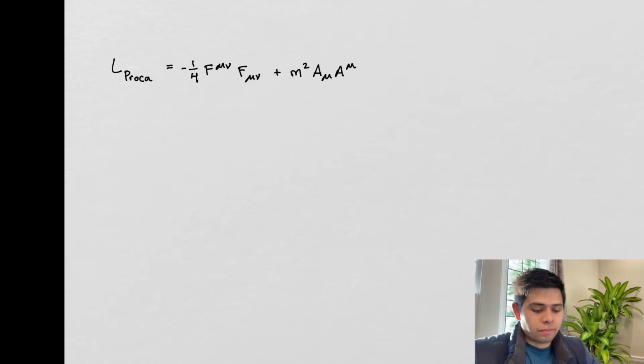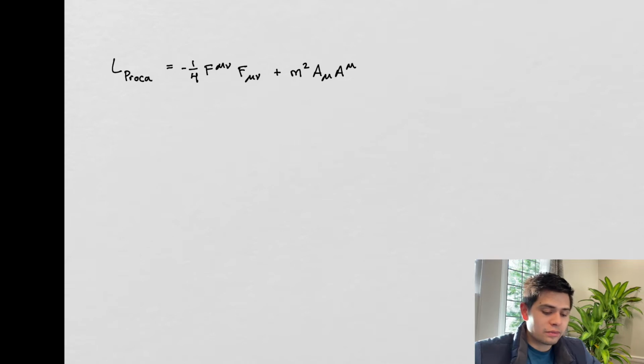Okay, full disclosure here. We're going to be dealing with a lot of index changes when we work with the Proca Lagrangian and when we work with the Proca equation, because we have these tensors in here. Right? So again, these are our electromagnetic field tensors, these F mu nu objects.